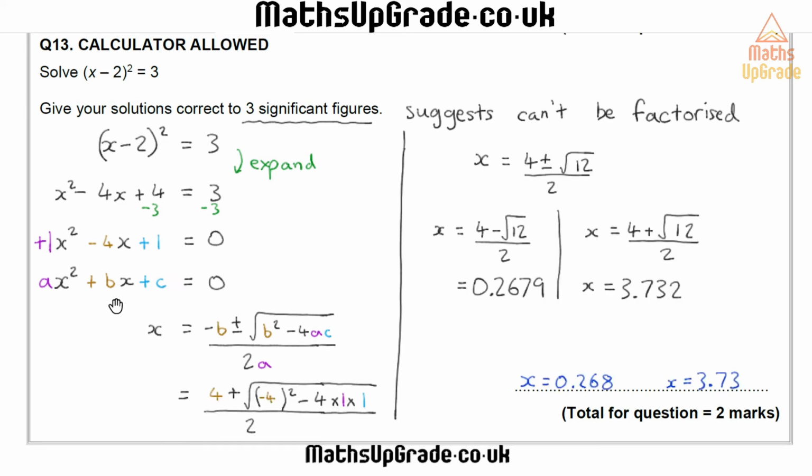So you can see that a equals 1, b equals negative 4 and c equals 1. When I substitute them in, I'll get x equals 4 plus or minus root 12 over 2. If I then evaluate this, I'll get x equals 0.2679 and x equals 3.732. So when I round that, I'll get x equals 0.268 and x equals 3.73 to 3 significant figures.